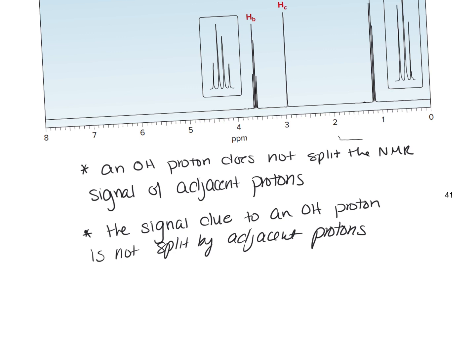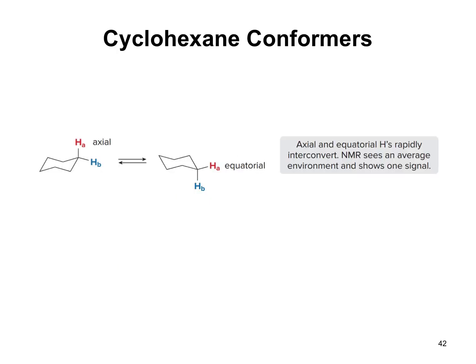Okay. So let's also look at cyclohexane for a moment. If you remember, cyclohexane has 2 protons that are in different chemical environments because one is axial and one is equatorial. Cyclohexane conformers can interconvert by that ring flipping that we see here.